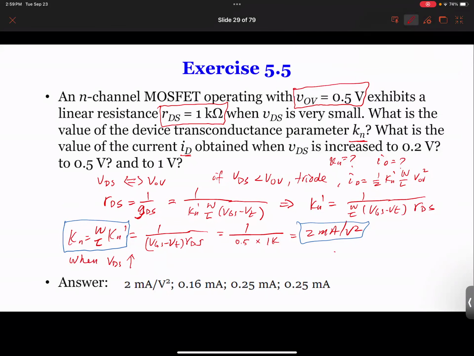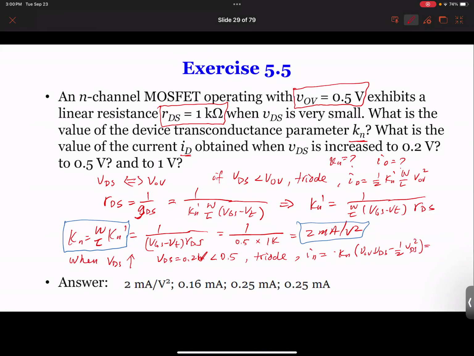So we're going to have 3 different scenarios. For VDS equal to 0.2 volts, it's less than 0.5, which is the VOV, so we're in triode. So we're going to have ID equal to Kn times VOV times VDS minus 1/2 VDS squared.